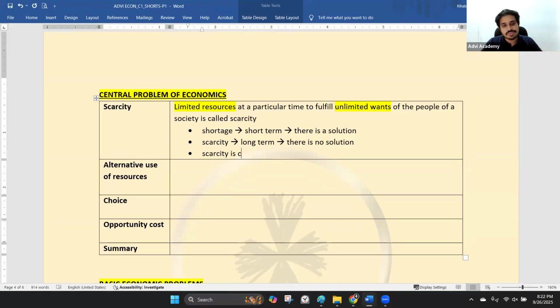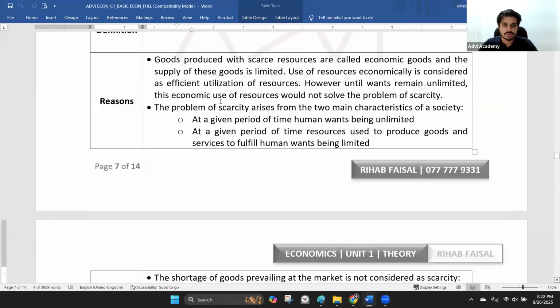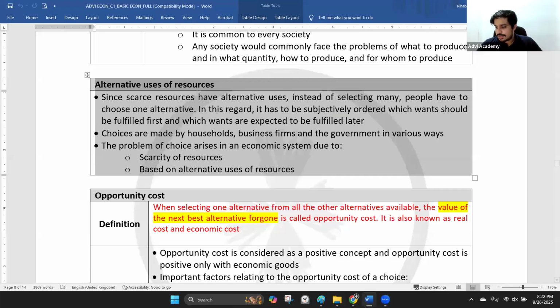One very important point for you to remember is that scarcity is common to every society. That's about it with scarcity. Now you know what it is. It's a long-term problem. There is no solution as long as humans are there. Done. Then we come to the problem of alternative uses.